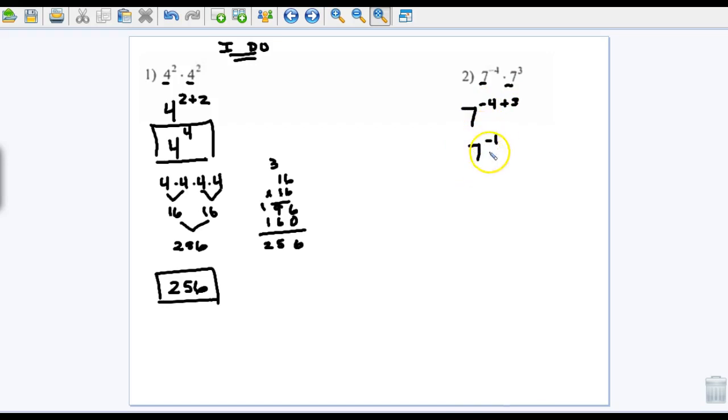I cannot have a negative exponent up here. So in order to solve this even more, I'm going to create a fraction with 7 to the 1 as my denominator. So this is actually equal to 1 over 7, because anything to the first is itself.